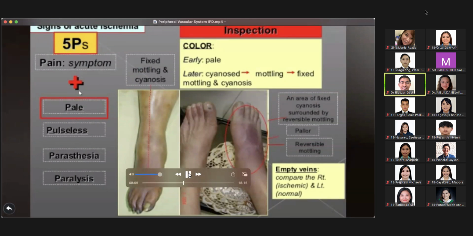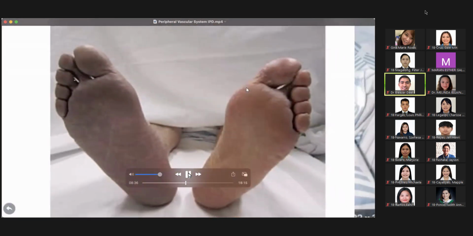Initially the foot can be pale, which is a symptom in patients with acute ischemia, but that's the early part of the problem. Later on it can be cyanosis, mottling, and then fixed mottling and cyanosis. Sometimes there is reversible mottling.